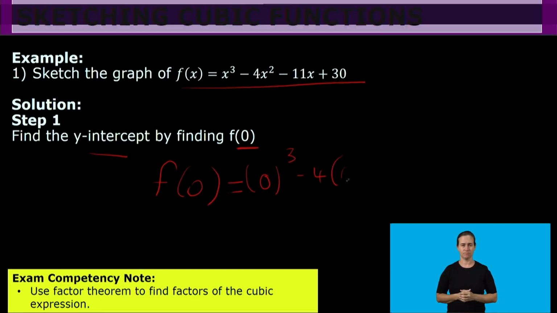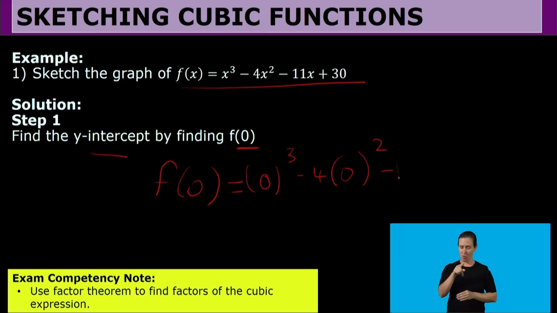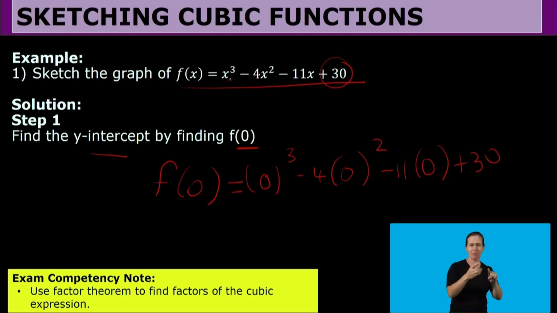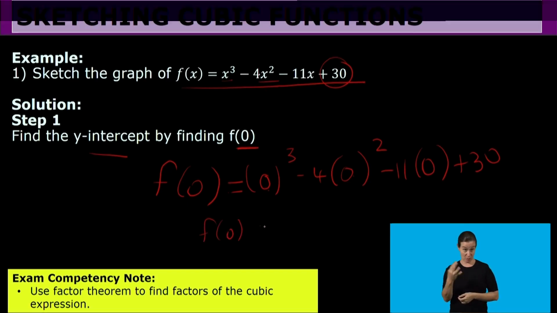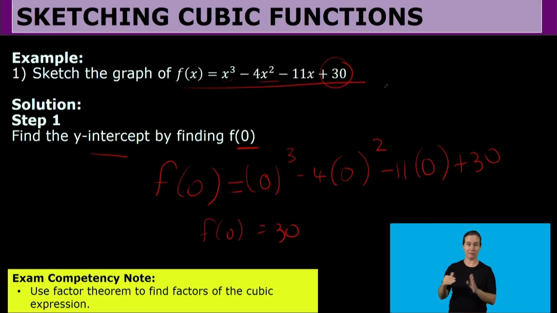Most of you should already be able to see straight away that our answer is going to be 30, because all the terms with x will disappear since their value was 0. So f of 0 is equal to 30, and that tells me that my y-intercept is 30. So I've already got one of the coordinates that are essential to sketch the cubic function.